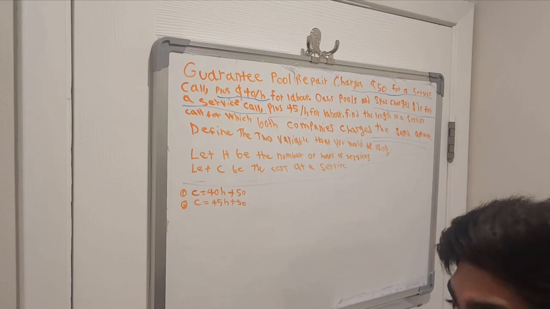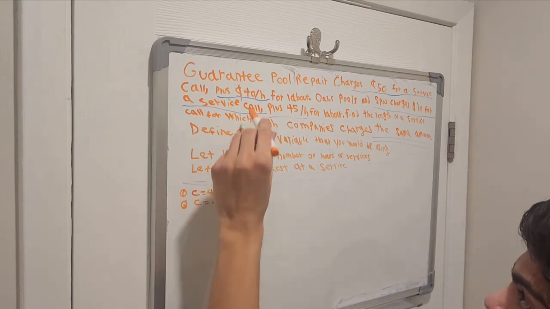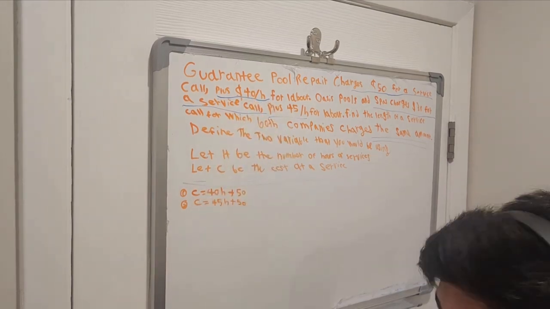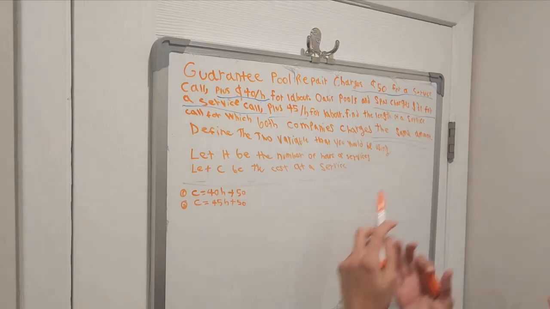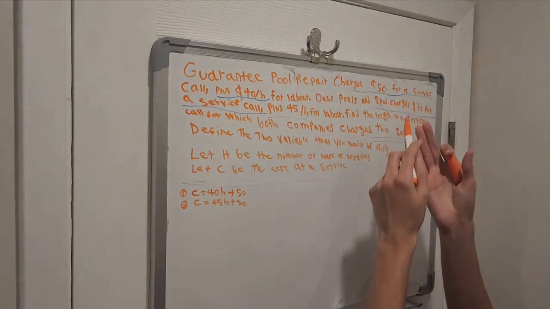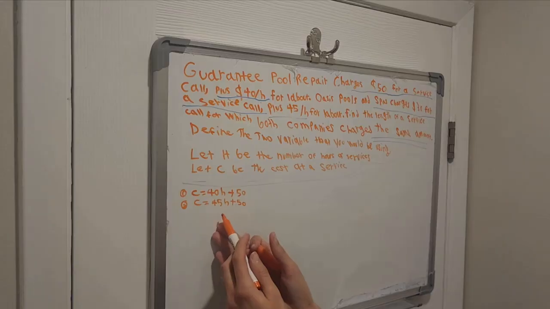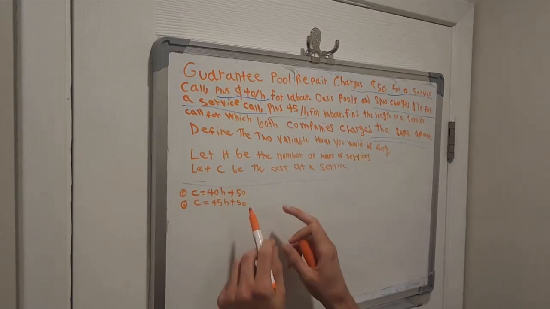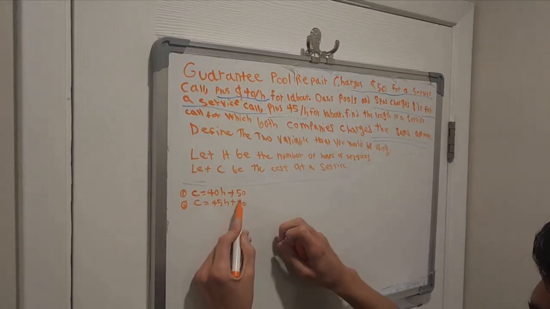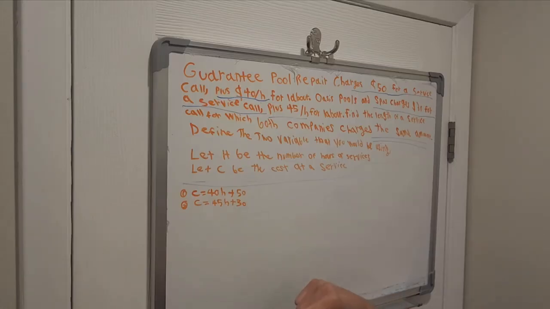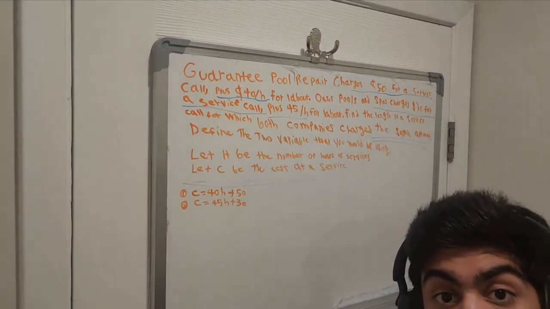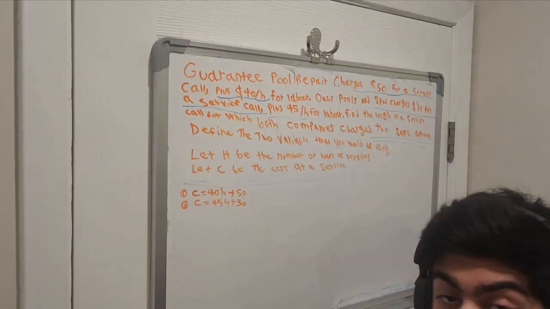That could be our second equation, because we got 40 for 40 hours, which represents hours, and 50 represents the cost. And we got 45, which is also hours. And I'm sorry, this is supposed to be 30, which also represents cost. Let's move on to step 4.